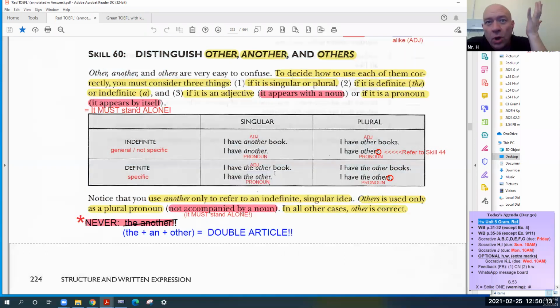But wait a minute. No S? I don't see an S here. How come? Because it is singular. Exactly. No S, because it's singular. Do you understand?